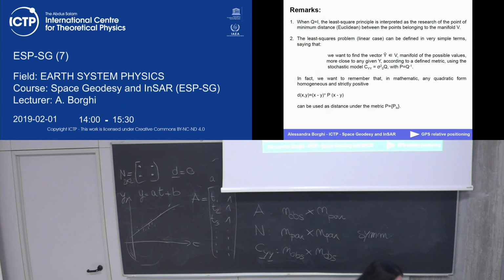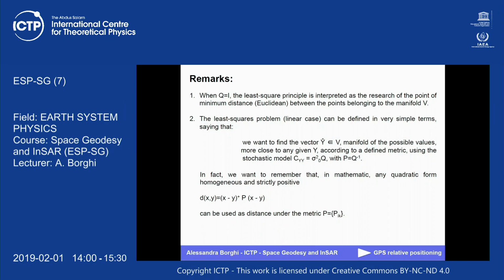Okay, some remarks, some notes. When the cofactor matrix Q is equal to 1, you can interpret this estimation as you have seen for the linear regression, minimizing the distance in terms of Euclidean distance between observation and the model.